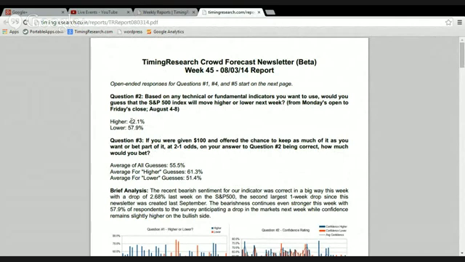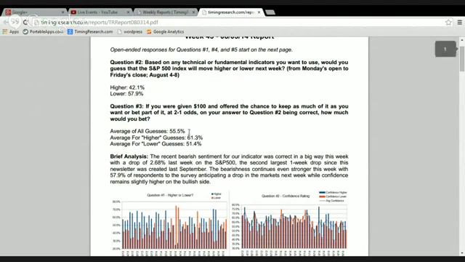You'll see what percentage of all respondents guessed higher for the coming week and what percentage guessed lower. You'll also see the results of people's confidence guesses and the average for higher and lower.